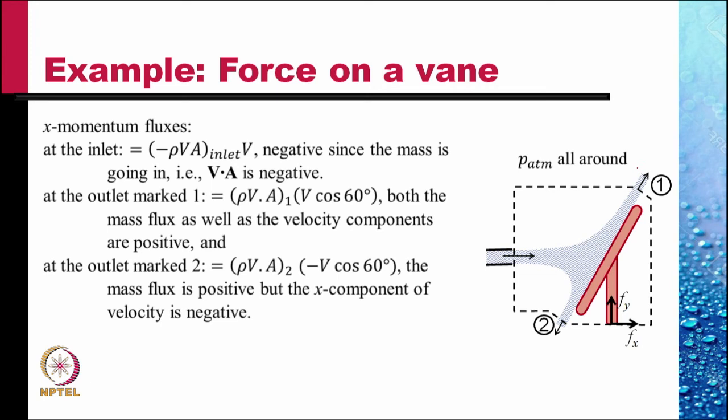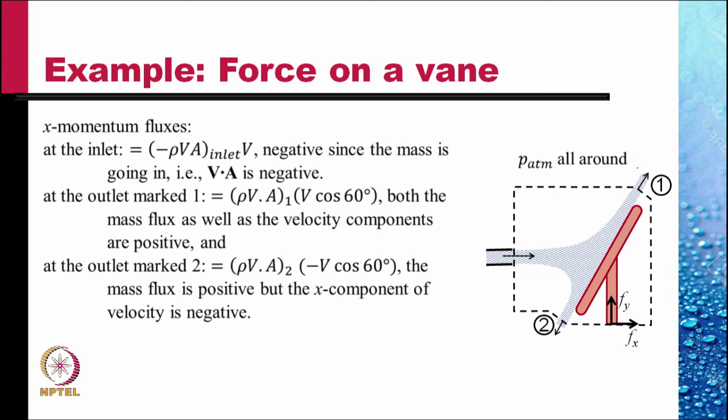There is an x component of velocity which is positive. So, if V is the velocity, then the x component V cosine 60 degrees. The angle of the vane is 60 degrees. So, both the mass flux as well as the velocity components are positive. And so, this flux is positive.